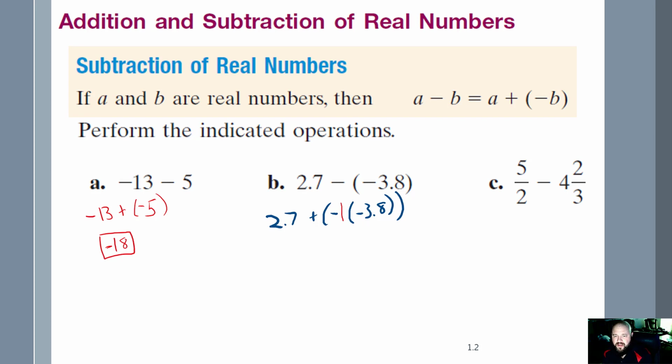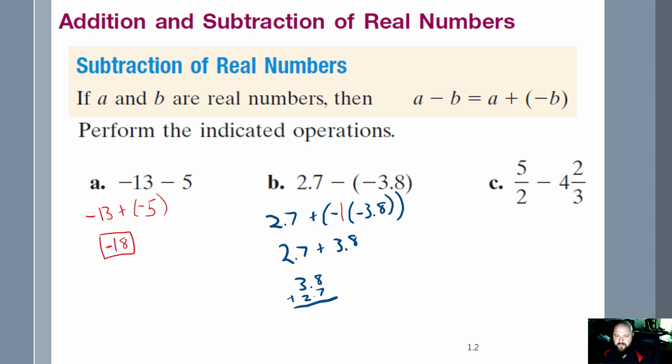So if we do that, then we will get 2.7 plus 3.8. And now, if somebody would like to do this a little different, you can simply take this. You don't have to leave it like that. If you like making it 3.8 and 2.7 and putting them like this and adding them together, that's fine.